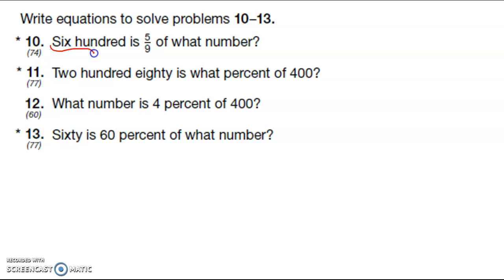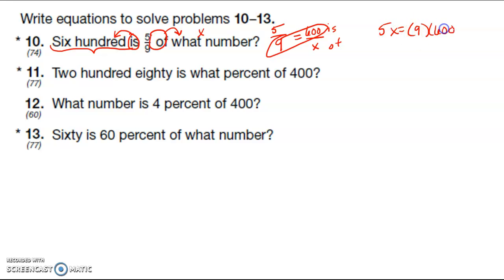Okay, so 600 is 5/9 of what number? So I have my 5/9, and then my is over of. 600 is, and my of is what number? X. And then I'm going to cross multiply. So I have 5x is equal to 9 times 600.